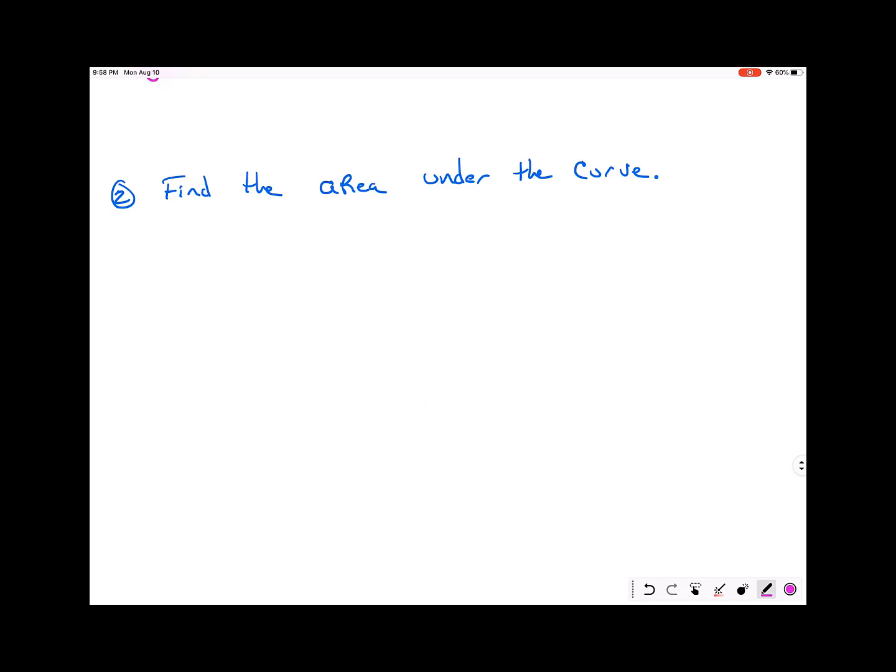Next thing I want to do is find the area underneath the curve. So I have the integral from alpha to beta of the function with respect to t times x, take its derivative with respect to t, dt.